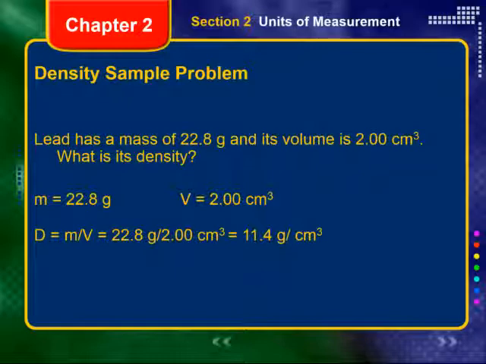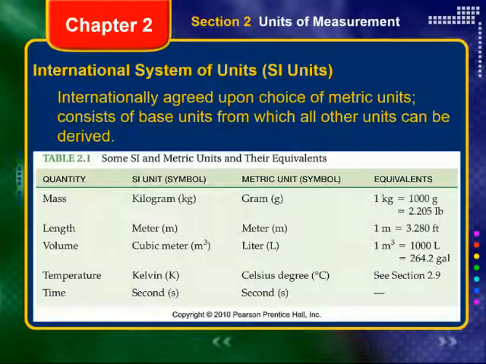Grams per cubic centimeter. And so since we have grams and cubic centimeters, because we've been given the mass and the volume, we can simply plug those straight in for a calculation. 22.8 grams divided by 2.00 cubic centimeters. The calculator lets me know that that is 11.4 grams per cubic centimeter.